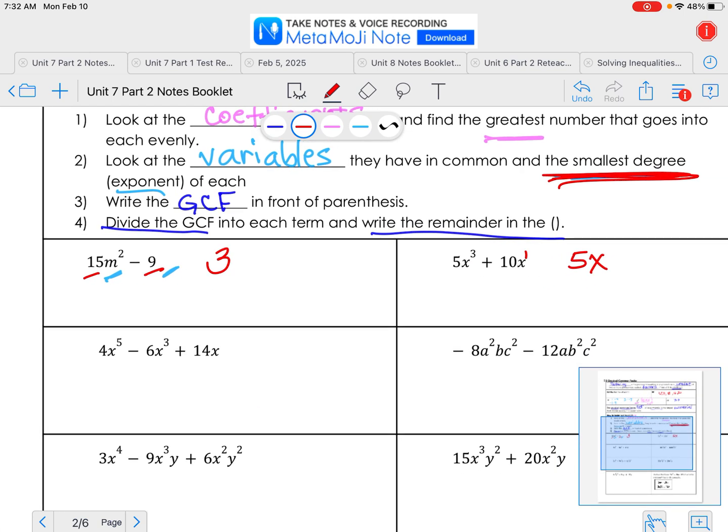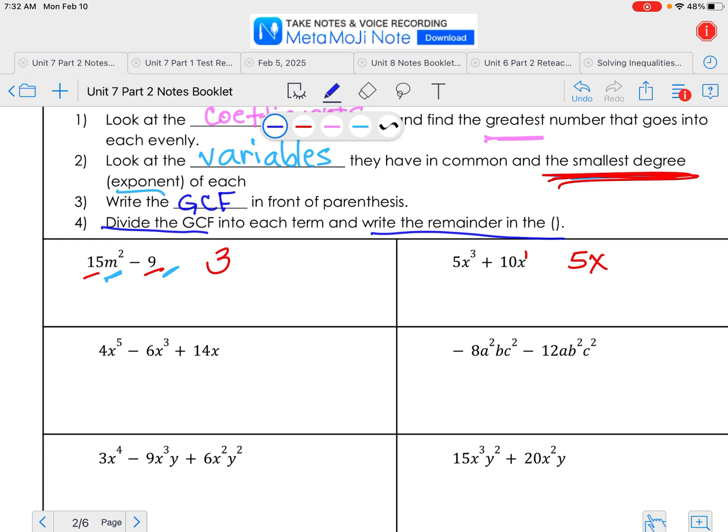So let's go back to this first example and see, now that we've identified that the GCF is 3, we write it in front of parentheses and we divide 3, the GCF, into each of these. 15 divided by 3 is 5. I didn't change the M's. -9 divided by 3 is -3.